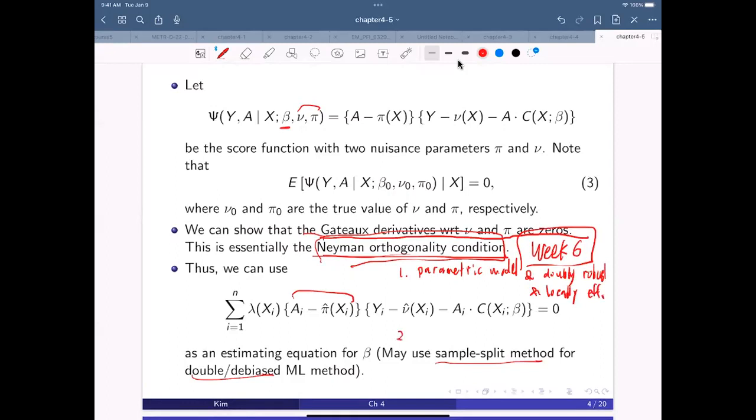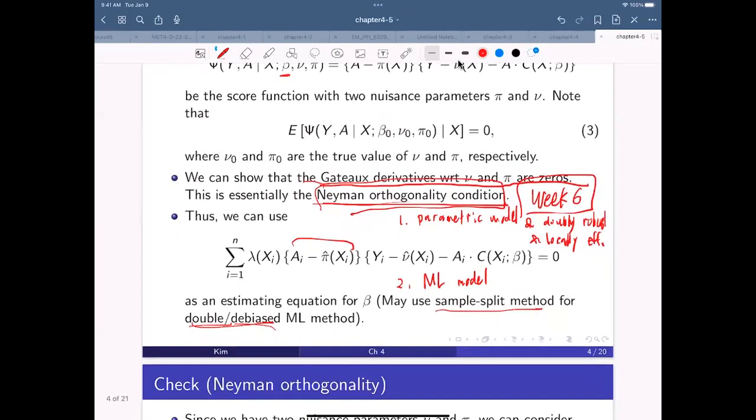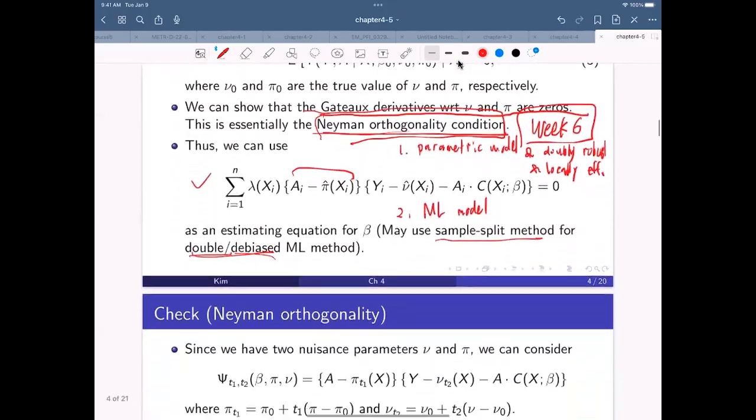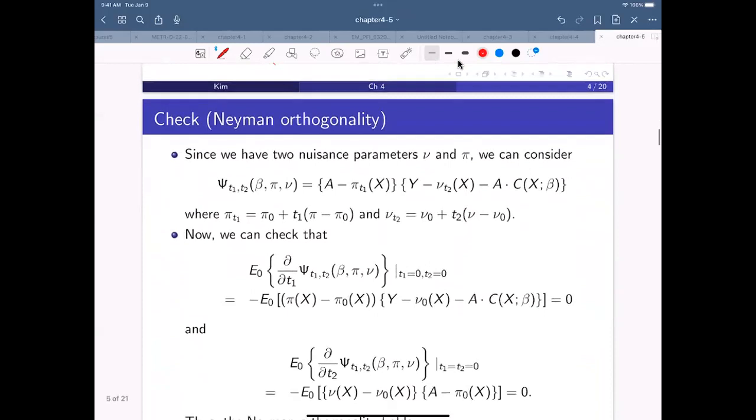Another usage is that if you use a non-parametric machine learning model, then you need to do sample split, and then argue this double debiased machine learning argument. So basically, this is the estimating equation that we're going to use. The only thing you want to check is this Neumann orthogonality.